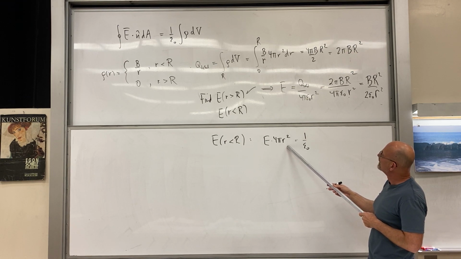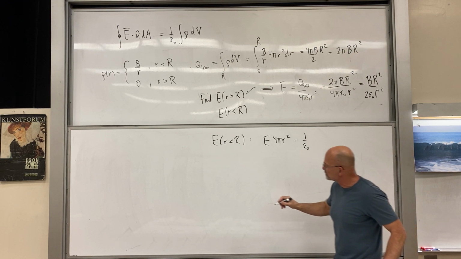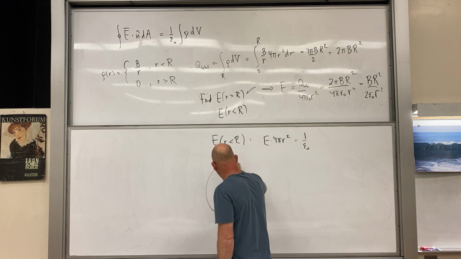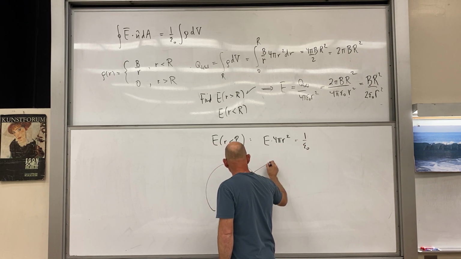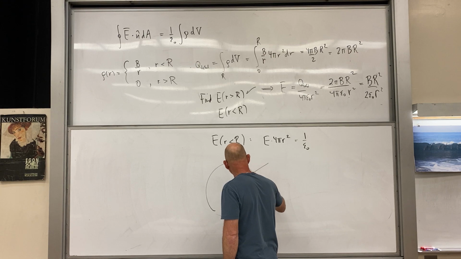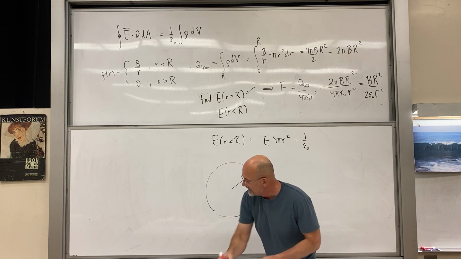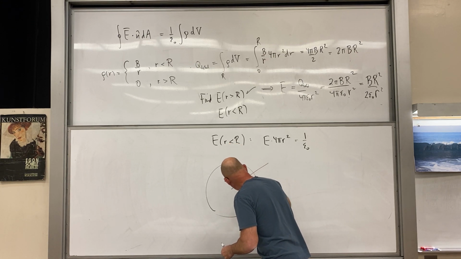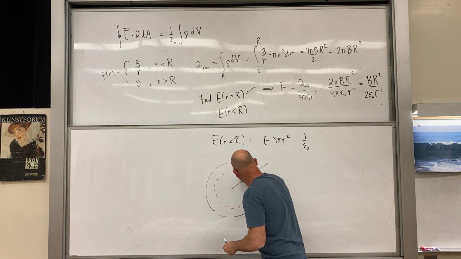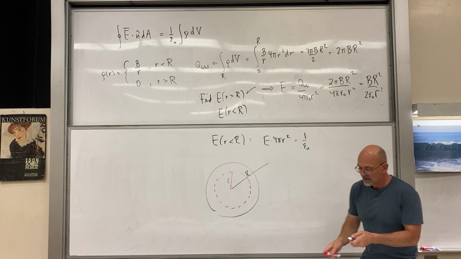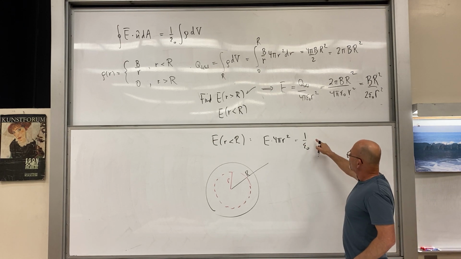The picture that goes with this is now where this is radius R, now we're somewhere inside at lowercase r. That's the Gaussian surface.